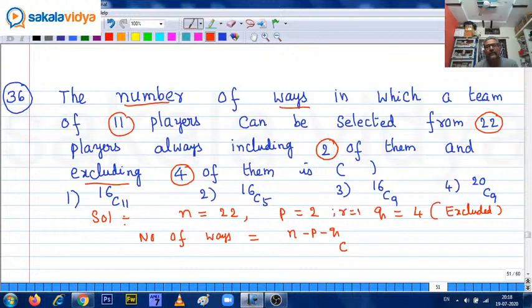R value is 11, 11 members need to be selected. That is R minus P, because 2 members are already selected, so 9 members remain. So this equals 22 minus 2 minus 4 C R minus P, which is 22 minus 2, 20 minus 4, 16C9. So the third option is the right option.